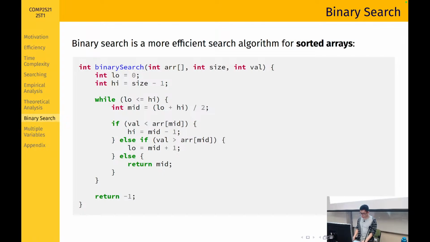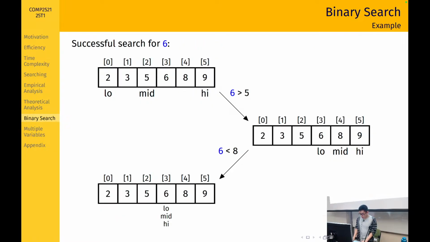Okay, so here is an example of binary search. So suppose we're searching for 6 in this array. Right, so first of all, low is going to be 0, high is going to be 5, and the midpoint is going to be 0 plus 5 divided by 2, right?